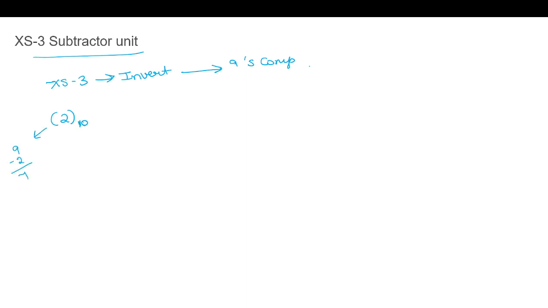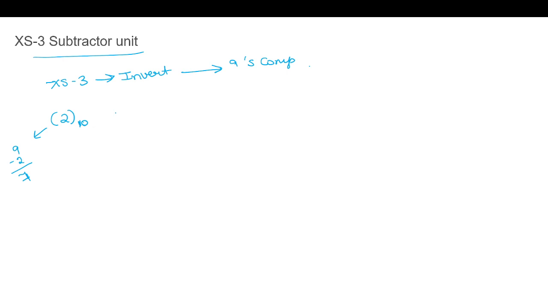And XS3 subtractor. So now for subtraction, we will perform using 9's complement. And then any XS3 number, if you invert the number, you will obtain its 9's complement. That is, if you take 2, what will be the 9's complement for this? 9 minus 2, which is 7.